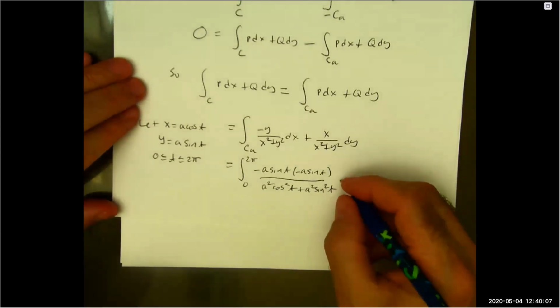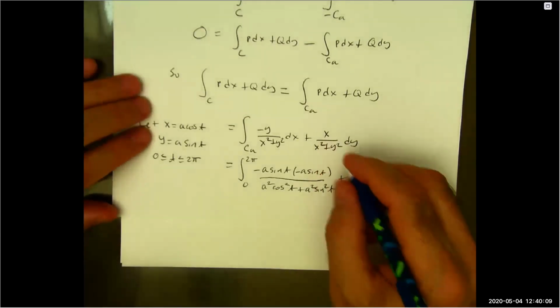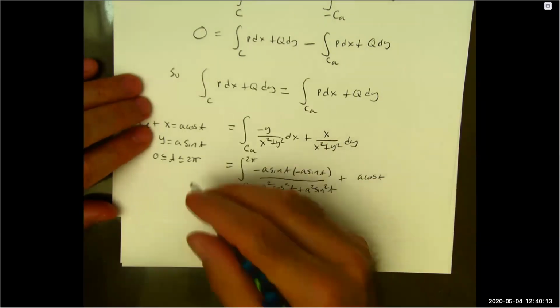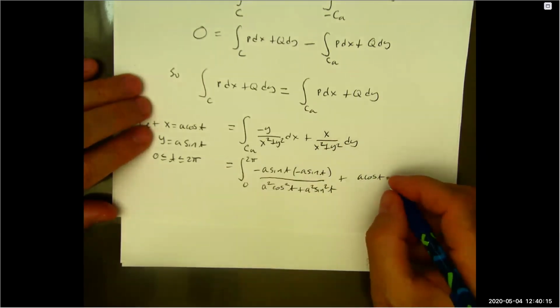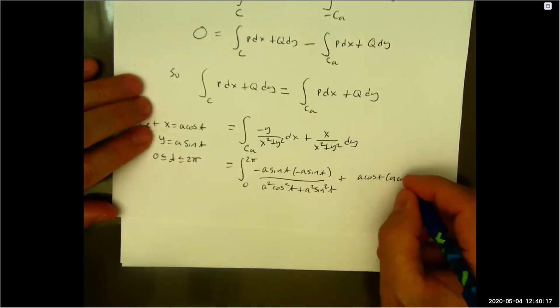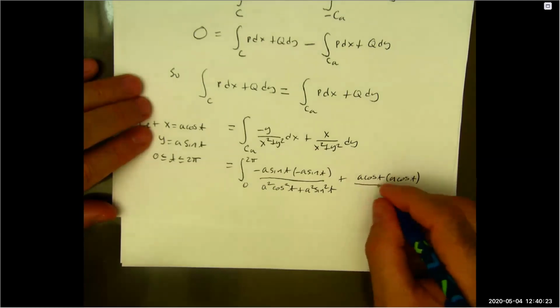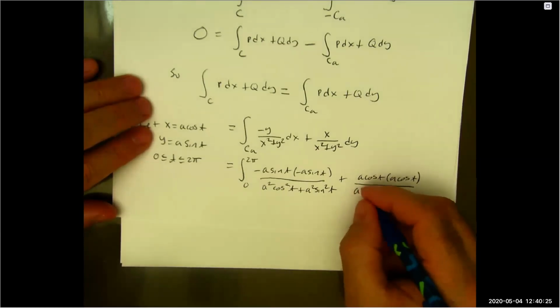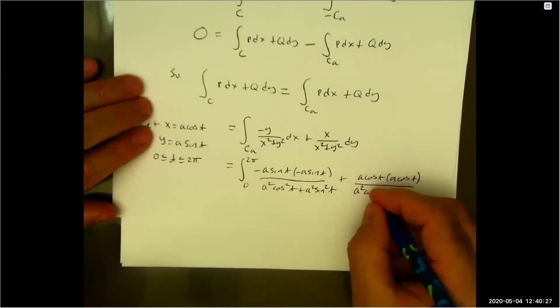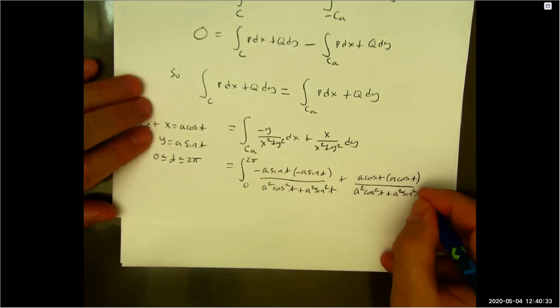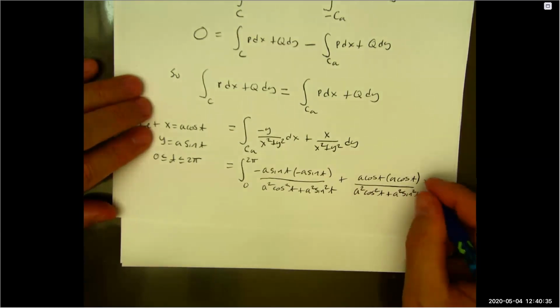And then for the other one, we're going to have x, which is a cosine t, and then dy is also a cosine t. And this is going to be over the same thing, a squared cosine squared t plus a squared sine squared t. And all of that is dt.